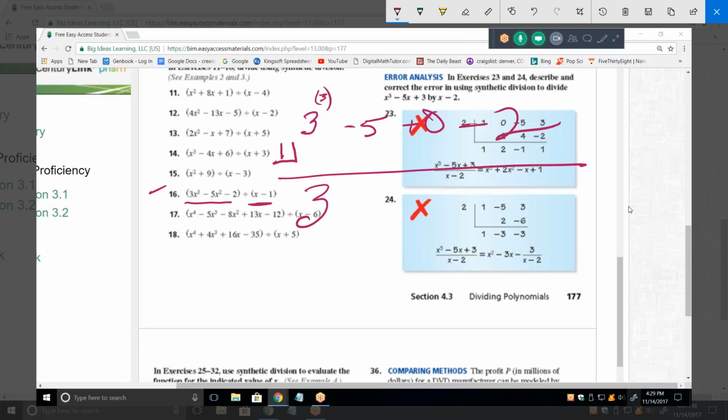You notice that when we've done all this synthetic division and we get to our final answer, sometimes it's a little tricky figuring out what our exact final answer really is. In other words, here, let me finish this.